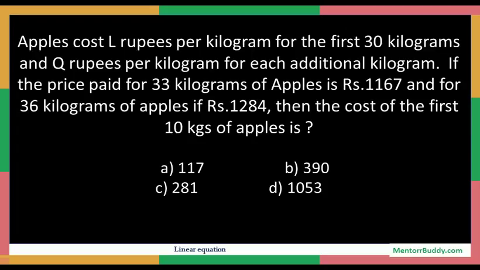Now basically in this question the concept which is working is of simultaneous equations. So let's first understand the concept of simultaneous equations. According to the concept, let's say I am taking two linear equations.